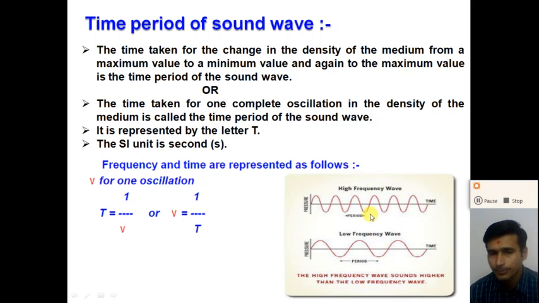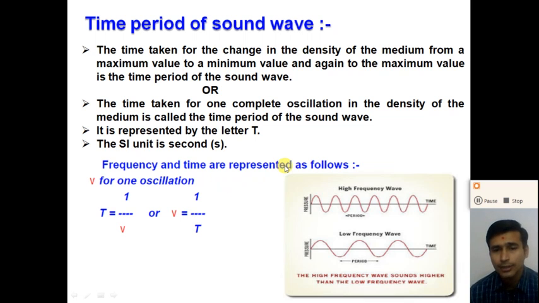So the frequency and the periodic time are inversely proportional to each other. The periodic time is the reciprocal of the frequency of the sound wave. So we are deriving a relation between the periodic time and the frequency as follows. The frequency is the number of oscillations completed in 1 second, and the periodic time is the time taken to complete one oscillation.